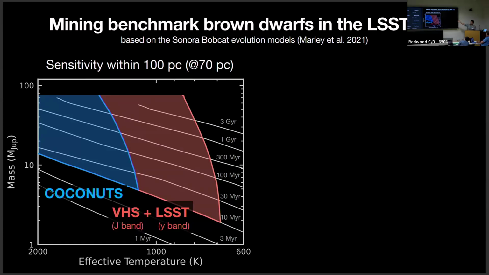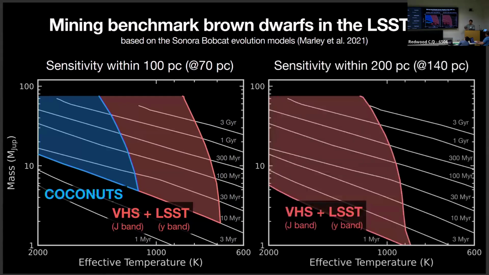This is at 70 parsec, and this boundary will be toward even colder temperatures at closer distances. In addition, if we expand this diagram to farther distances, like 200 parsec, we'll be able to search for more objects in the young star-forming regions. At 140 parsec, there's Scorpius and also Ophiuchus.